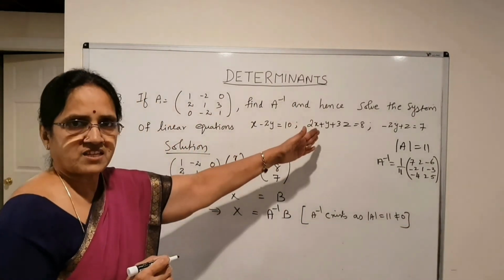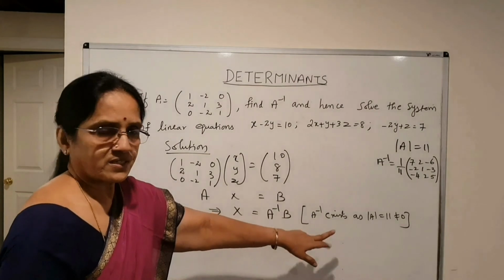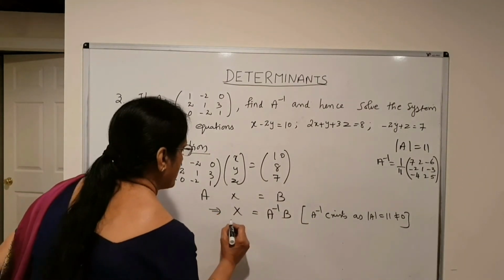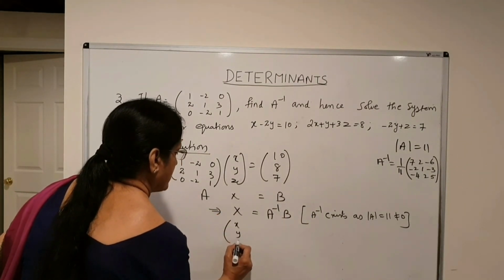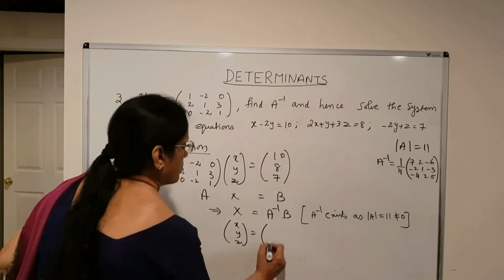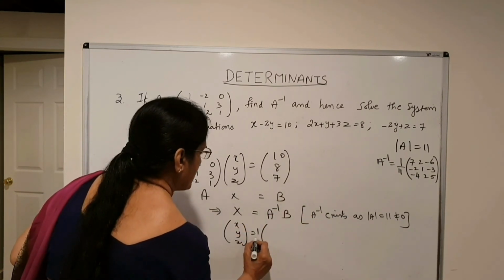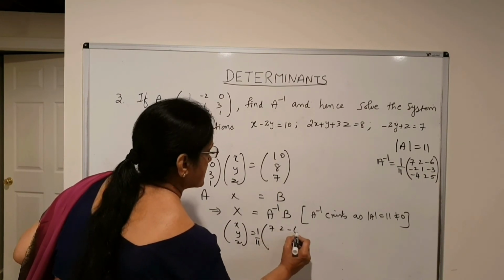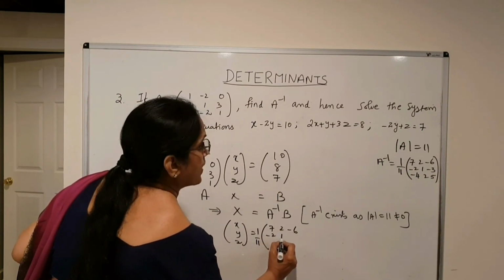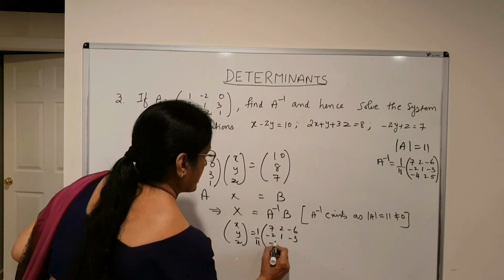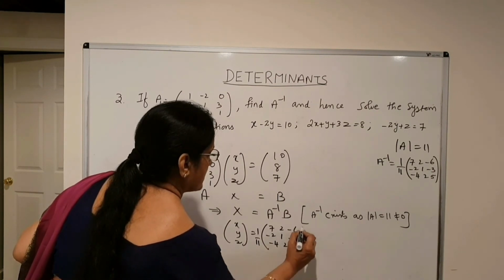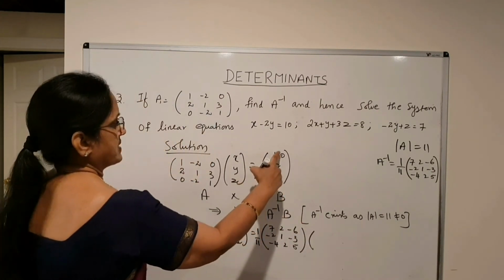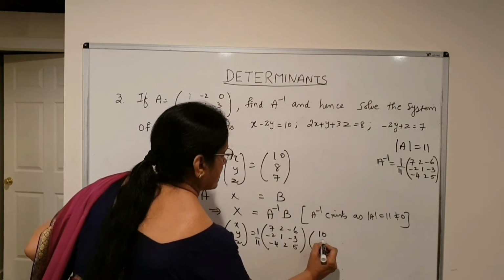So this will be x, y, z equal to A inverse, 1 by 11 into the matrix 7, 2, -6, -2, 1, -3, -4, 2, 5, into B, which is 10, 8, 7.